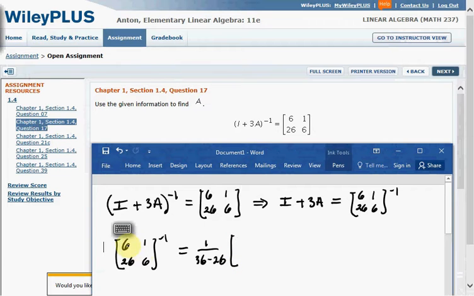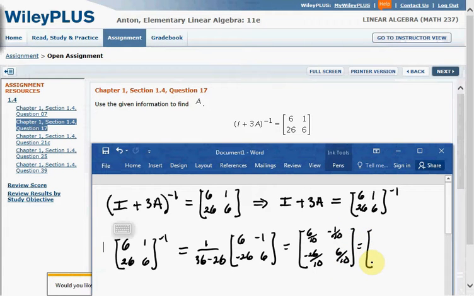And this is times, we're going to interchange the 6 and 6, where it's the same thing, and negate the 1 and the 26. So this is 6 here, negative 1, negative 26, and 6. Well, we're going to multiply each term by a factor of 1 over 10 on the inside. So this is 6 divided by 10, negative 1 over 10, negative 26 over 10, 6 over 10.